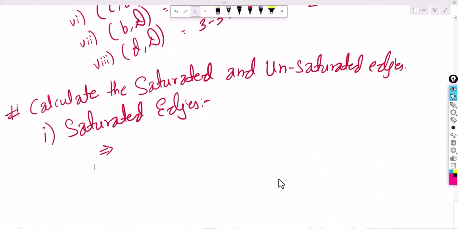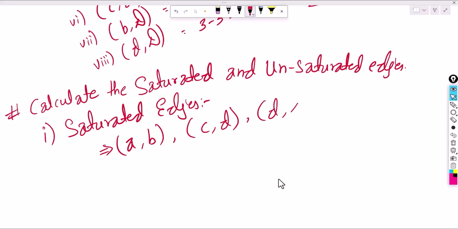Here write down A comma B is an edge. Then you also need to write C comma D is another edge, that is a saturated edge, and the last one we have small d to capital D. These are saturated, and the remaining all are unsaturated.